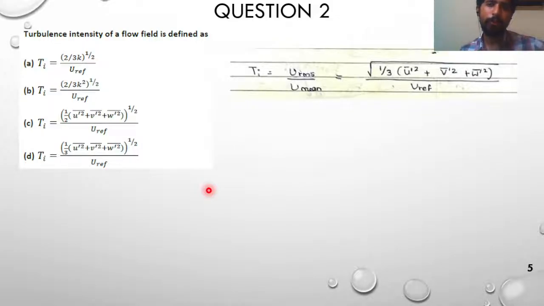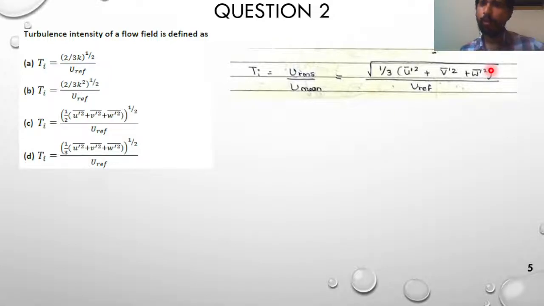If you have multiple components, half of rho into U dash square plus V dash square plus W dash square. This U dash square plus V dash square plus W dash square, you can write as 2K divided by rho.